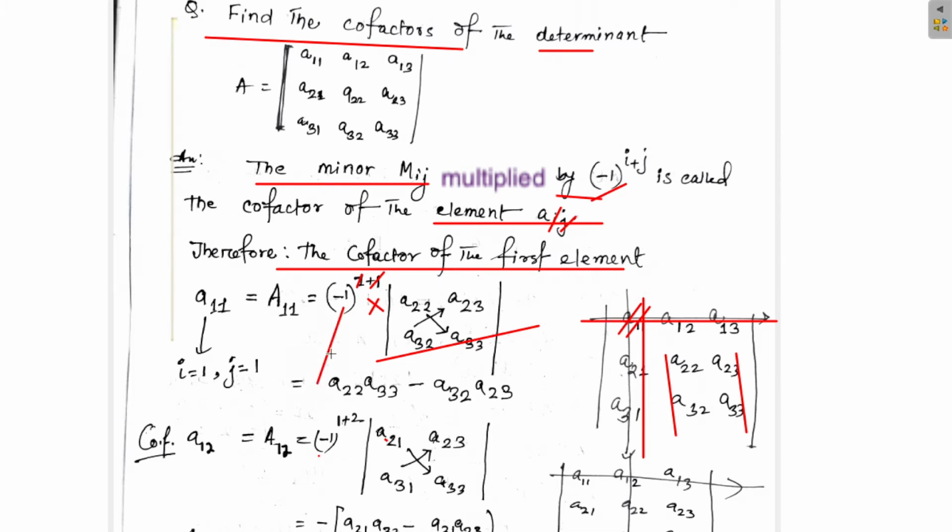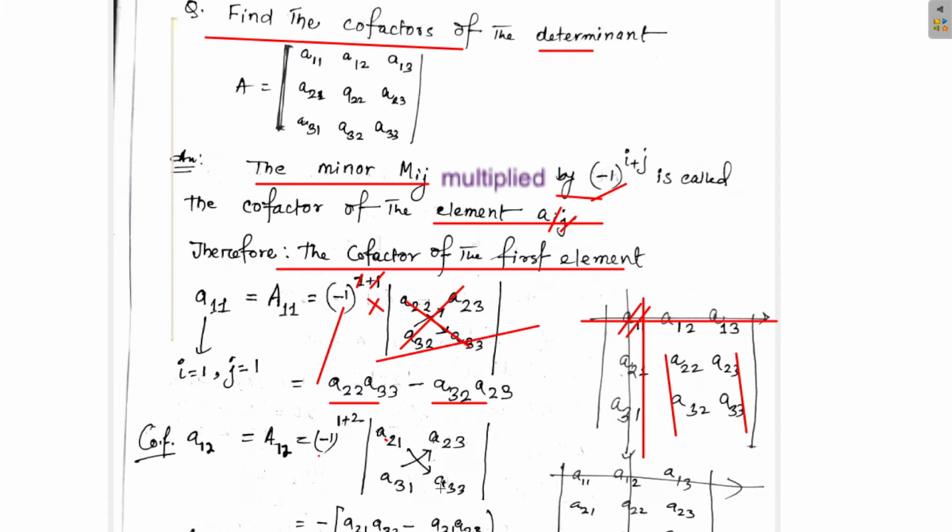So this will give me a positive value, and the value of this determinant can be calculated by multiplying diagonally and subtracting: this minus this. So this is the cofactor of the first element A11.